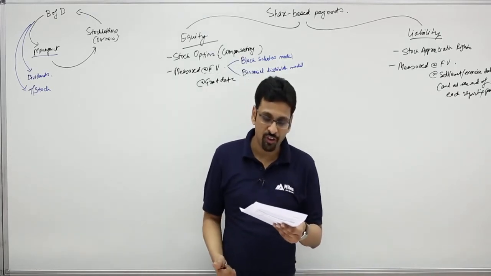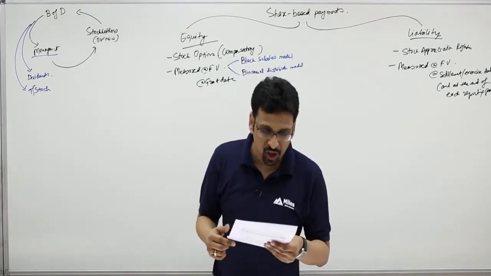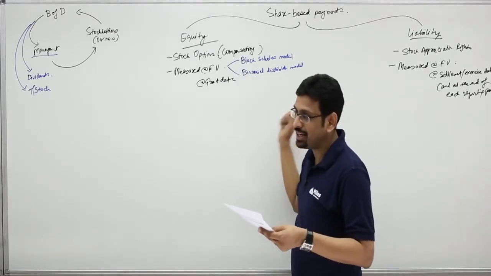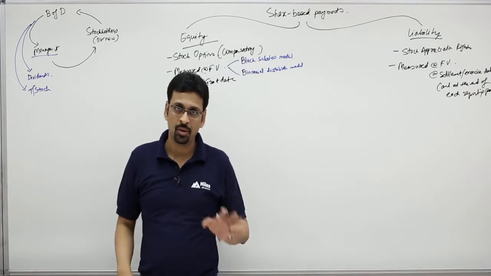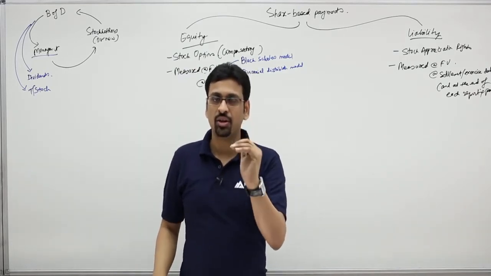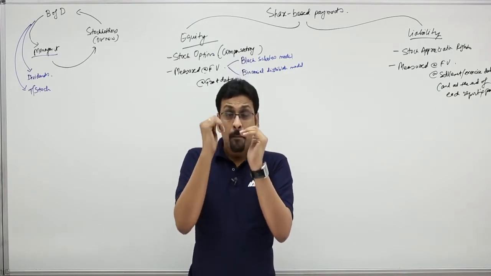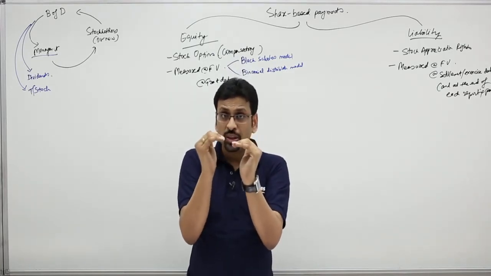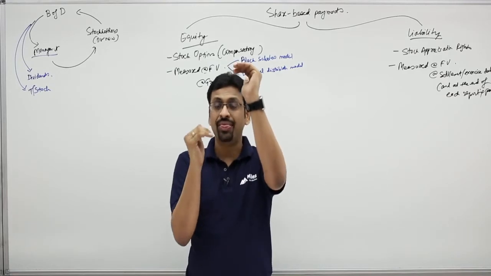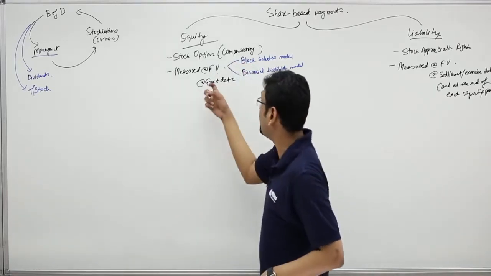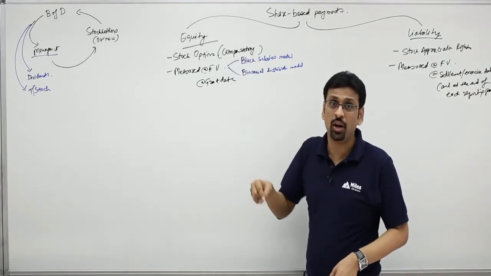The company is using the fair value method, and the value at 1st Jan 2011 using the binomial distribution model is estimated at $6 per option. Guys, stock is trading at $34. Option strike price, that's also $34. Though the intrinsic value looks zero, there is a probability that the stock price will rise, and that's why this stock option has some fair value as of grant date, and that is $6.